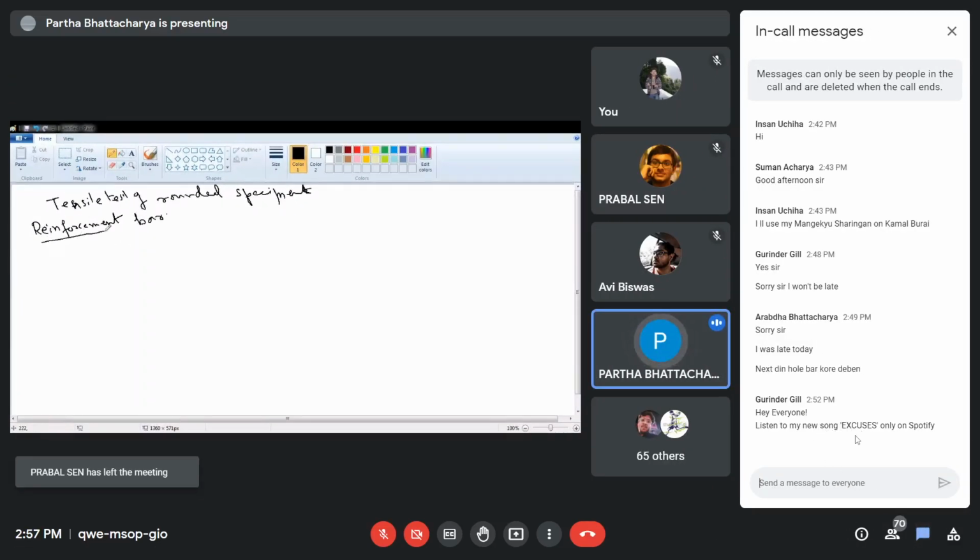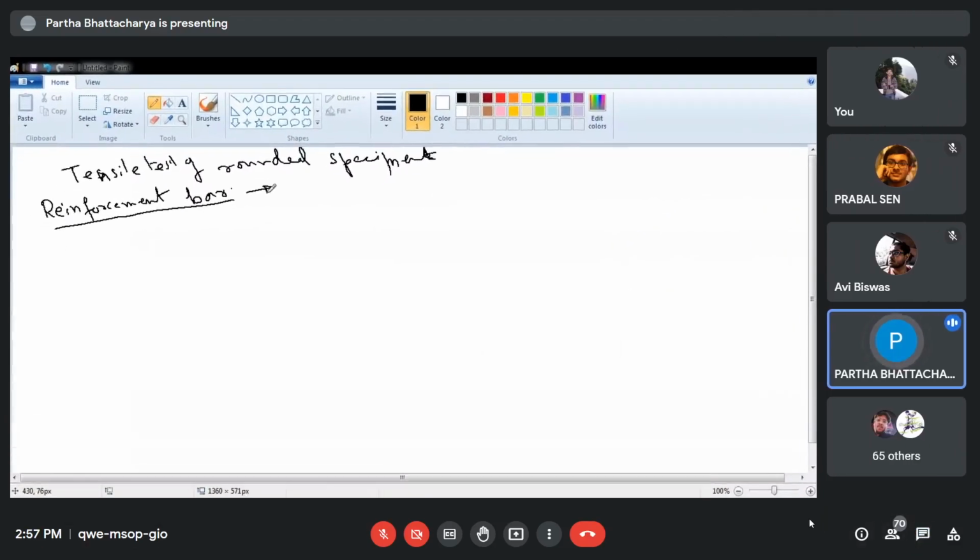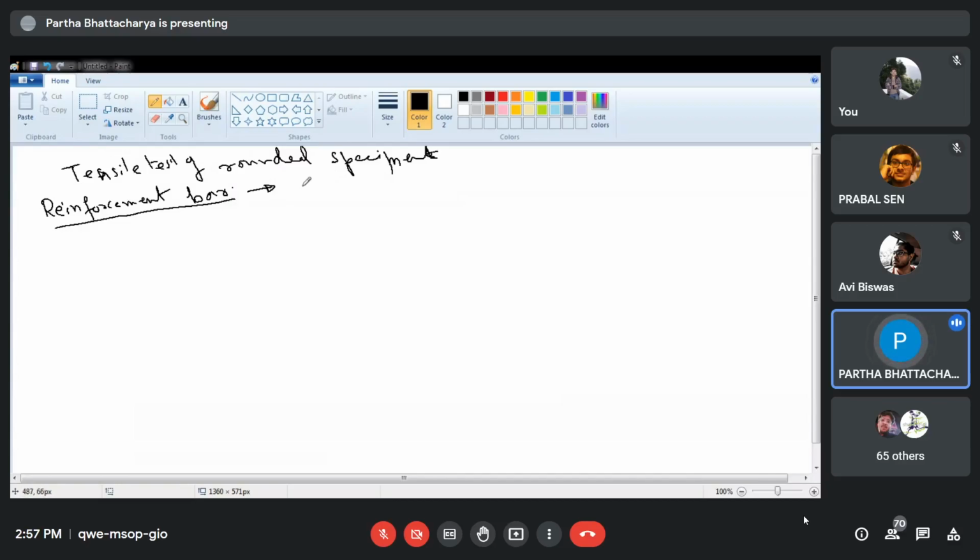So we have got a reinforcement bar, which is the test specimen, and this reinforcement bar is prepared for the test as per ASTM standard.